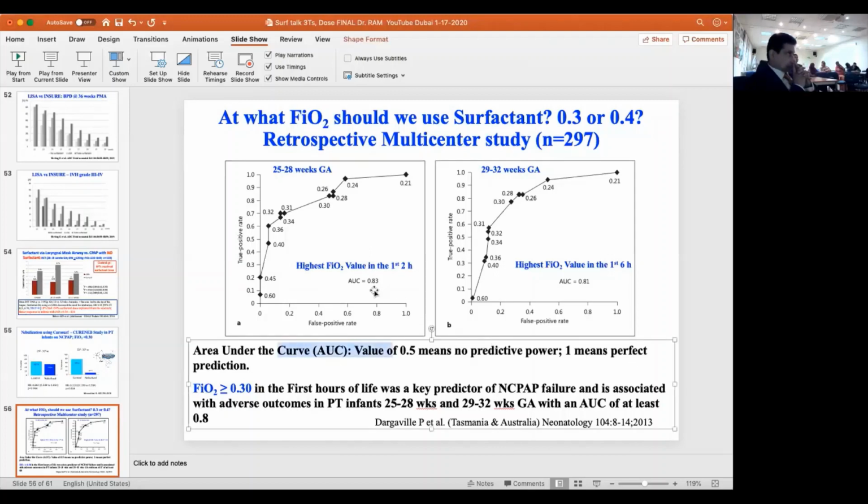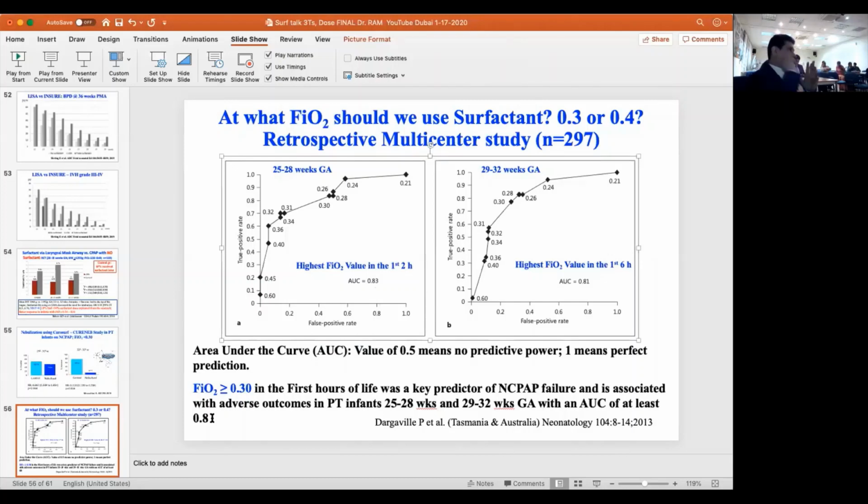They found an area under the curve of 0.8 or 0.81, and an FiO2 of 0.3 or greater in the first hours of life was a key predictor of CPAP failure and is associated with adverse outcomes in preterm babies, both between 25 to 28 weeks or 29 to 32 weeks. So they came up with a combined area under the curve of at least 0.8.